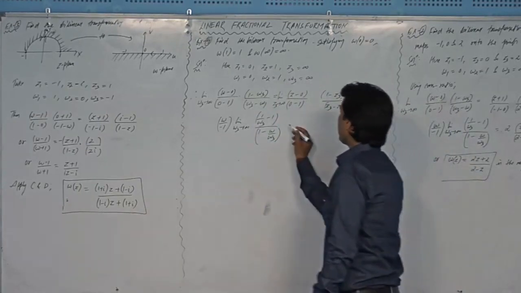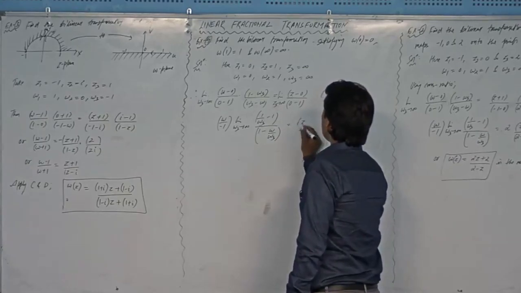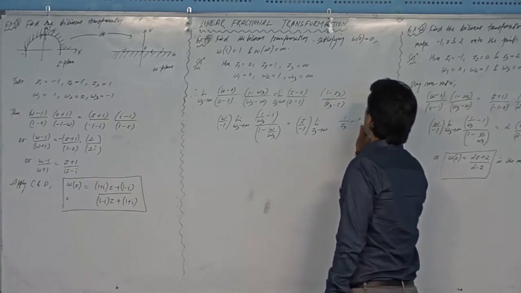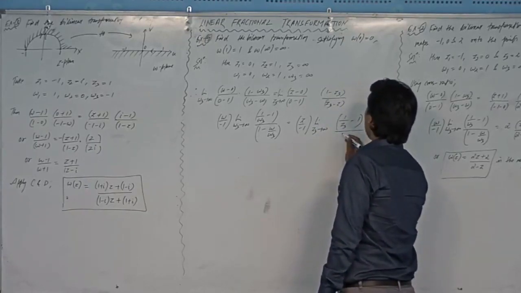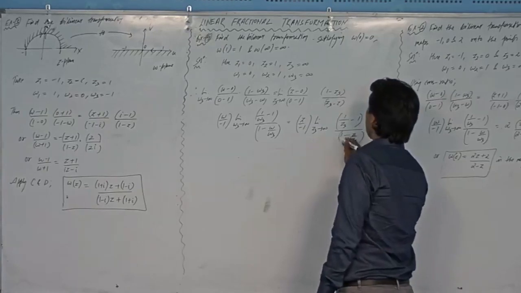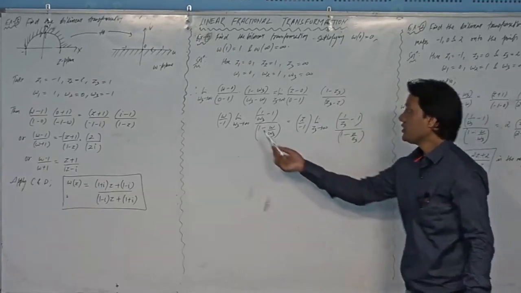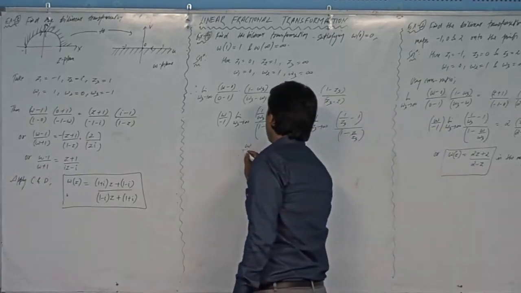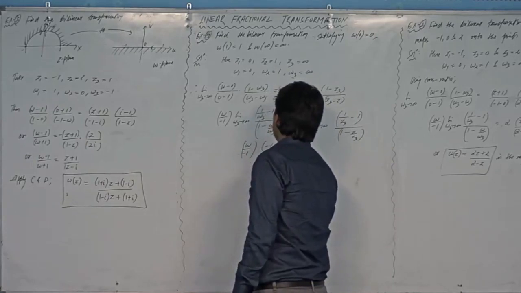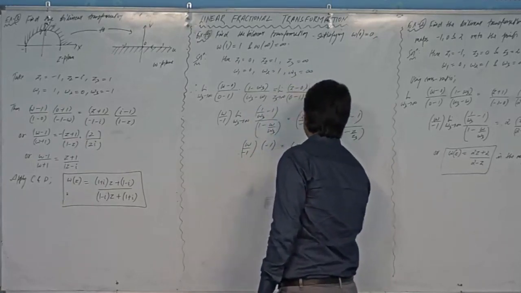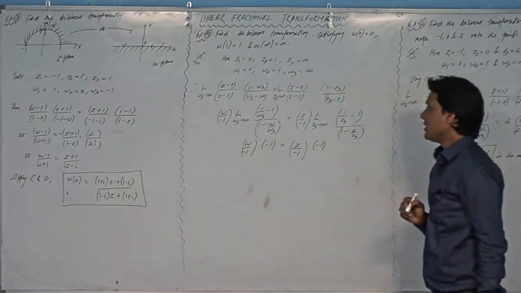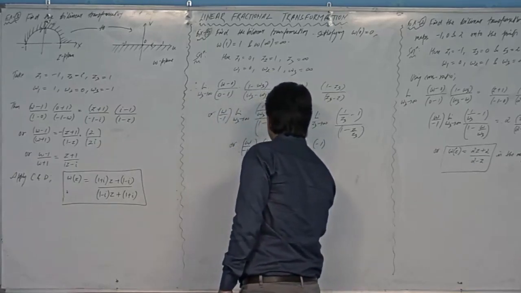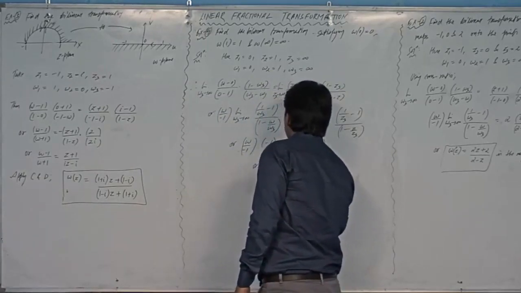And on the right hand side I will get z over minus 1, limit z3 tends to infinity, (1 over z3 minus 1) over (1 minus z over z3), right? On approaching w3 tends to infinity and z3 tends to infinity, I will get minus 1 over 1 from here, so w over minus 1 equal to z over minus 1. So ultimately I will get w(z) equal to z, right?